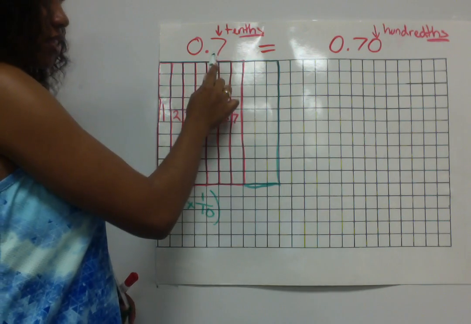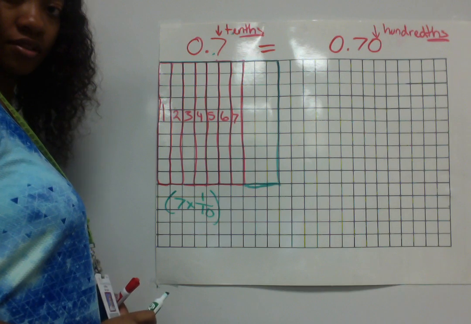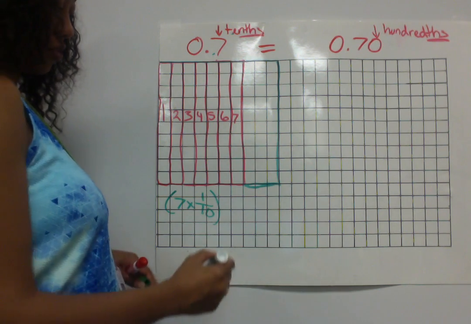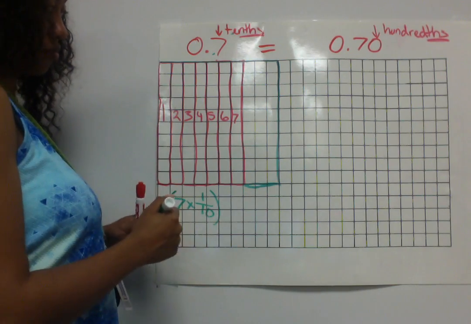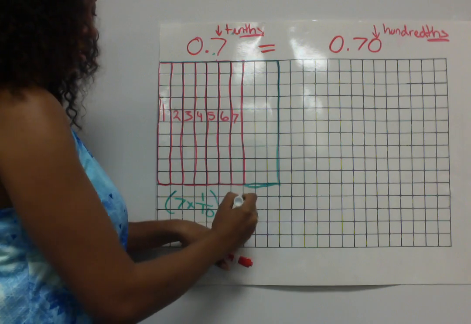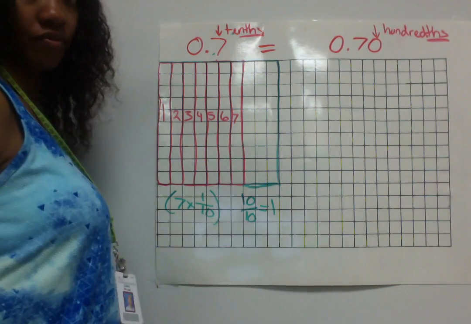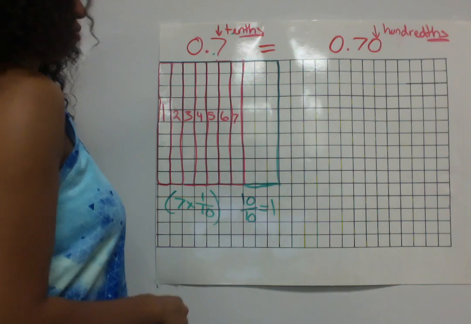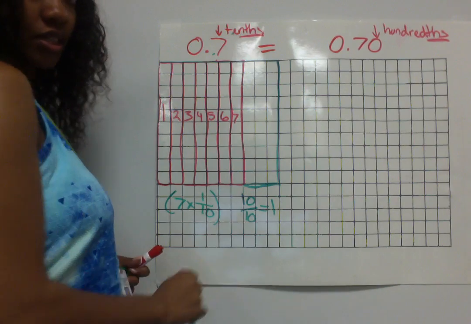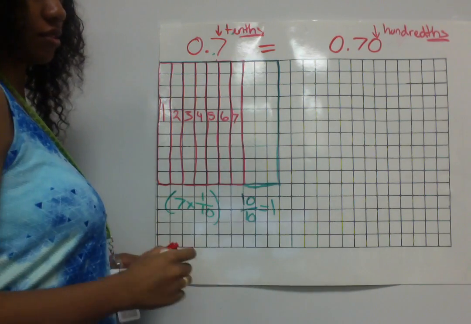So I only have 7 tenths. I don't have 10 tenths, which would give me a whole. Because 10 out of 10 is 1 whole. 10 divided by 10 is 1. 10 times 1 is 10. So I have 7 out of the 10.